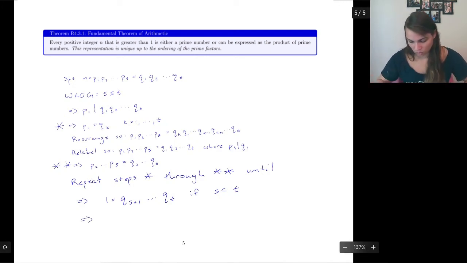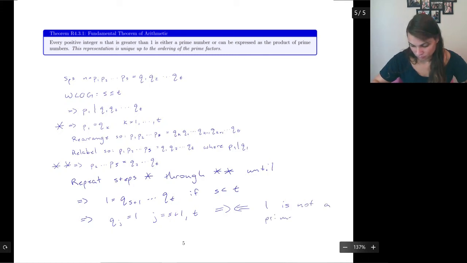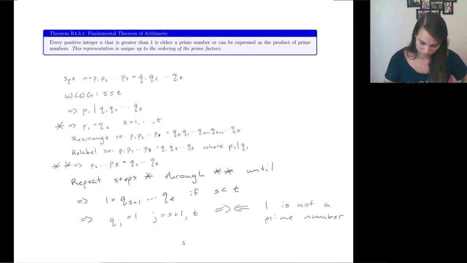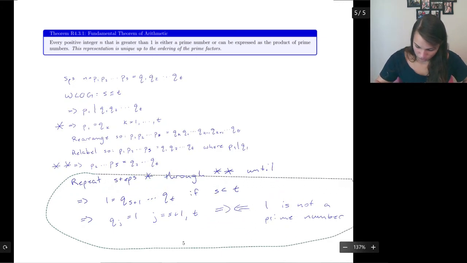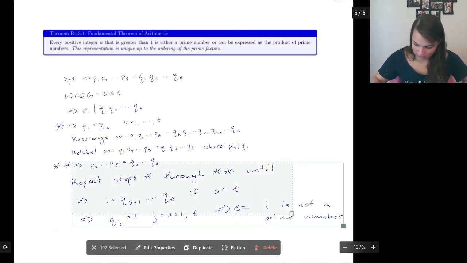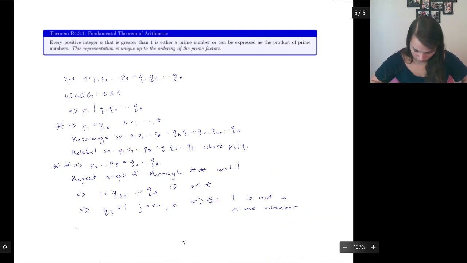So the only thing that Qj could potentially be, integer wise, for j from S plus 1 to T, is 1, but that's a contradiction. 1 is not a prime number, and so we don't want to include it in our prime factorization. So that means we can't have S strictly less than T. Therefore, S has to be equal to T.